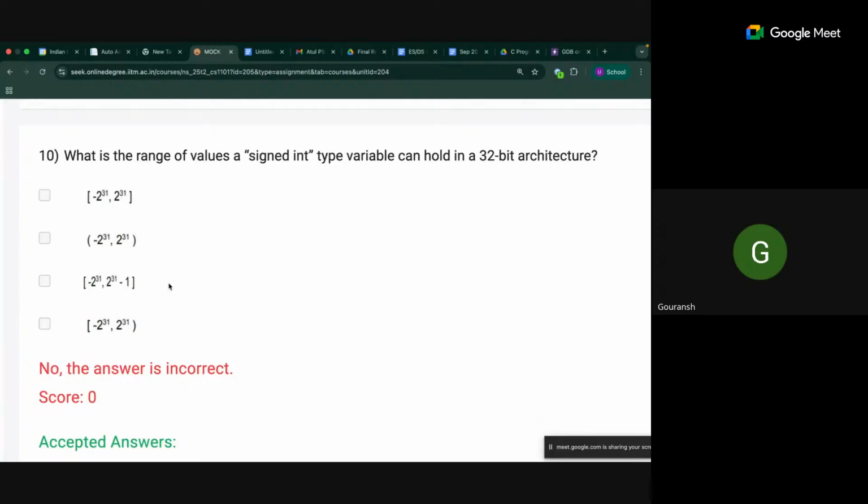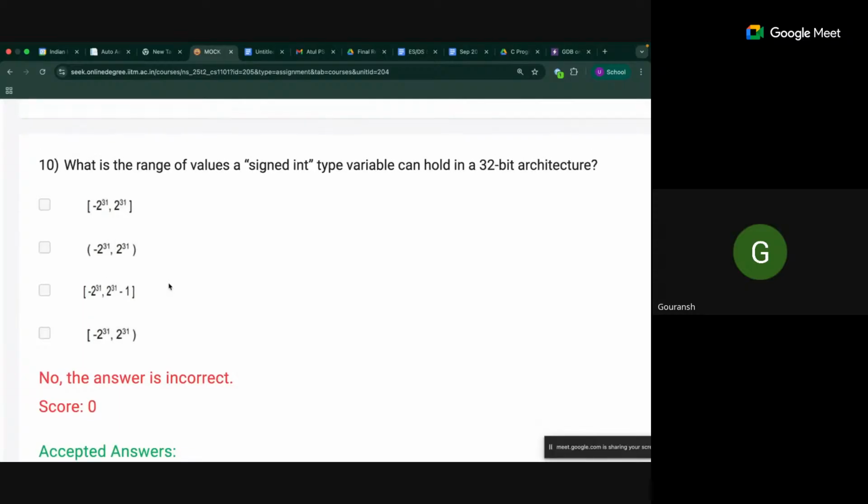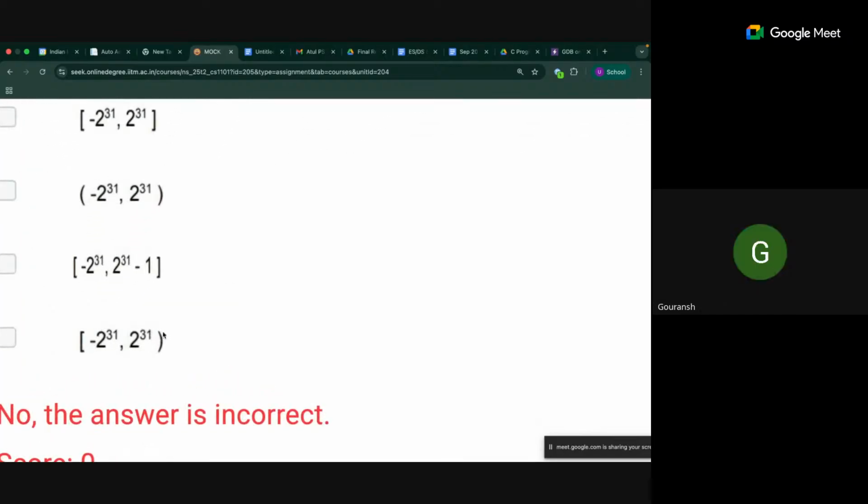Ma'am, why is the last value acceptable? Same here, I also have 2 to the power 31, it's saying it's not included. See, the round braces include the exclusion of the last one, right? So I'm telling you that 2 to the power 31 is not included; 2 to the power 31 minus 1 is the end range.